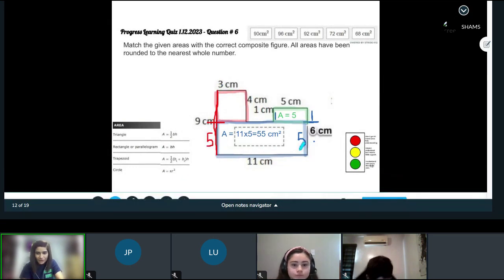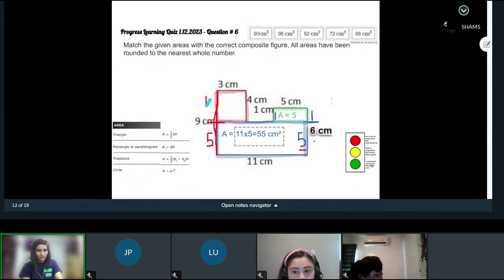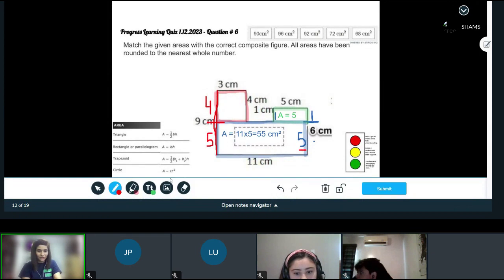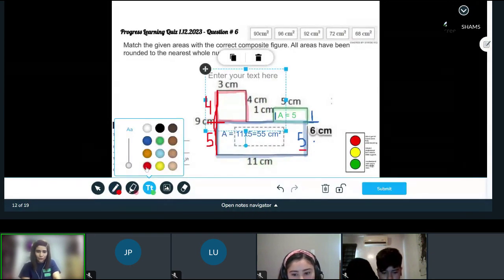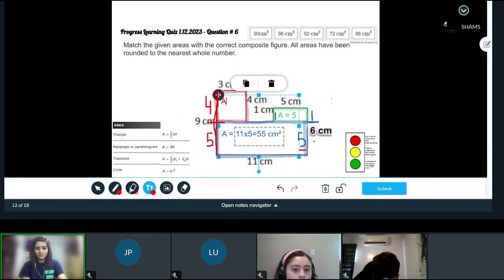Right from over here. That means the top part is supposed to be 4. And I can find the area of this rectangle. The area will be 3 centimeters by 4 centimeters, and the answer will be 12, right? So for this area, it's going to be 3 by 4, and area should be 12.